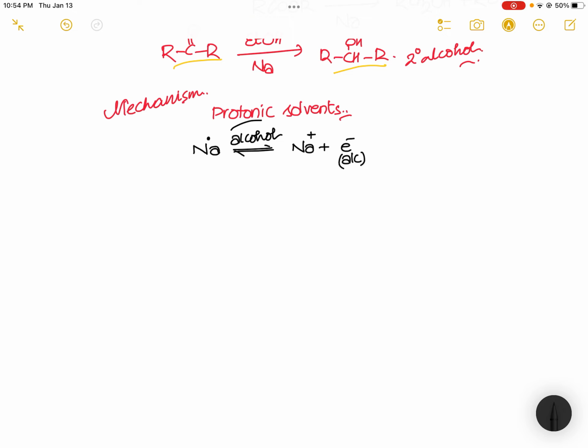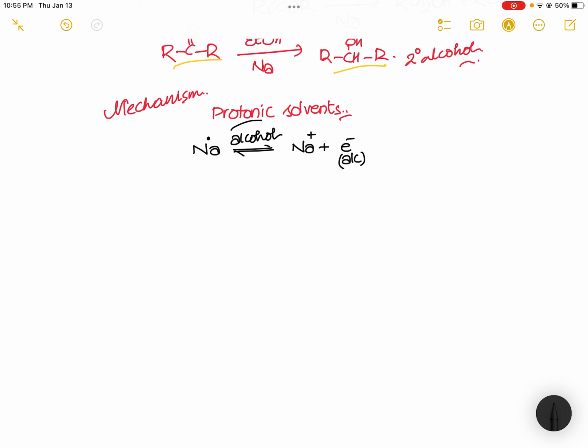In protonic solvents like alcohols, highly electropositive elements like sodium and potassium produce solvated electrons. This point we discuss in the reaction of alkali metals with ammonia: in liquid ammonia, sodium and potassium lose their electrons, giving solvated and ammoniated electrons. Because of solvated and ammoniated electrons, the solution color is blue. Those points we'll discuss there.